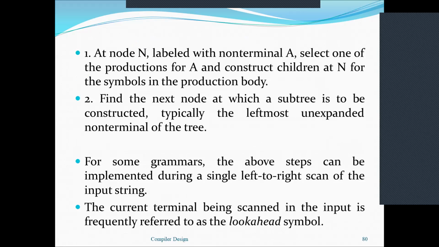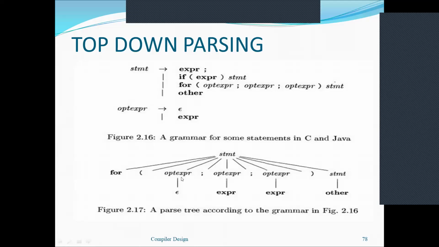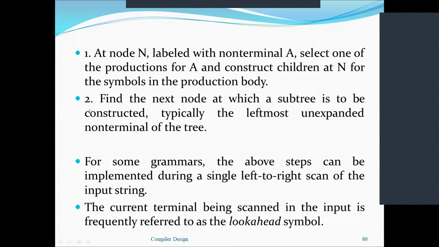The first task is, at node n labeled with a non-terminal A, let's say opt expression is a non-terminal which can be assigned as A, select one of the productions for A and construct the children at n for the symbols in the production body.